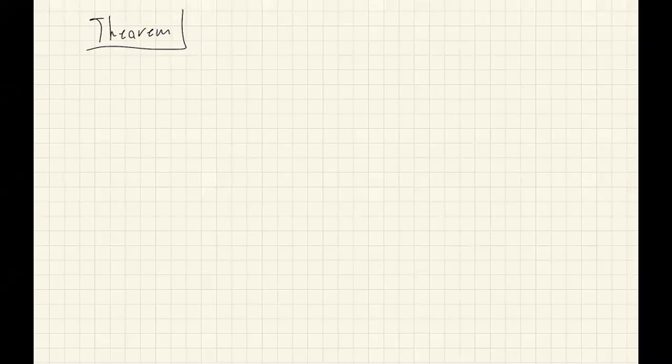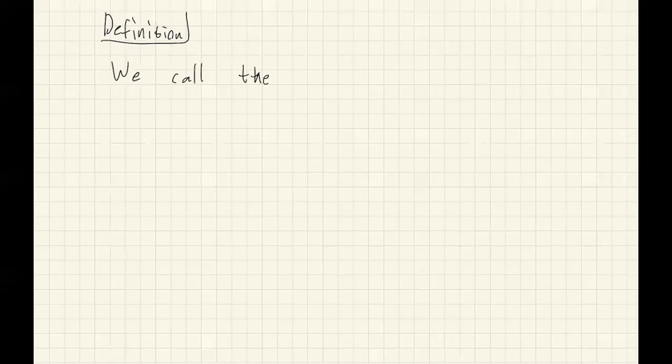So let's first start with the definition, which will be helpful. We call an arbitrary subset, let's call it S, of the infinity with hat symmetric.